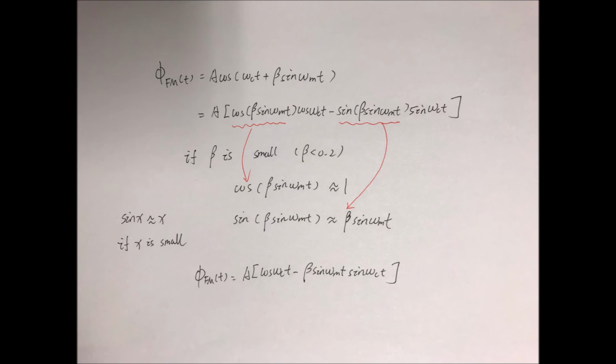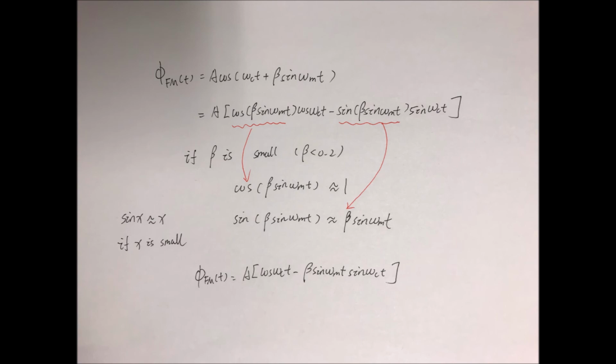We have cosine of A plus B, so let me write it down. Cosine of one angle plus another angle gives cosine minus sine.